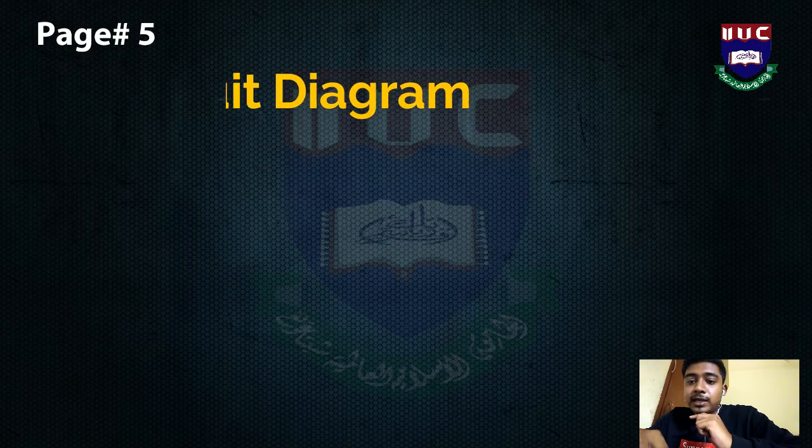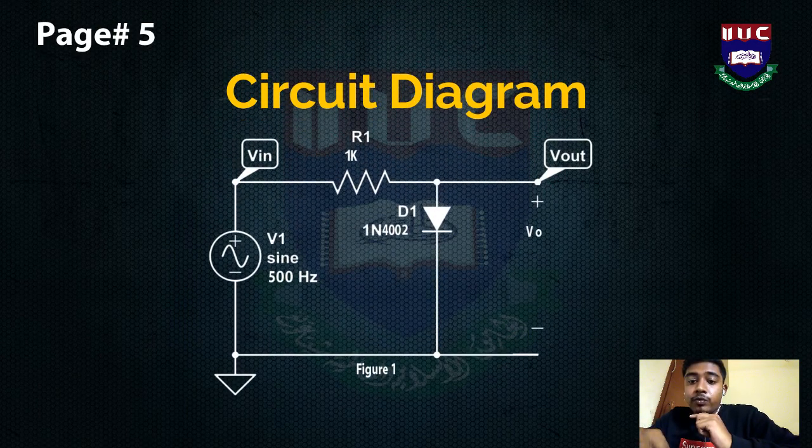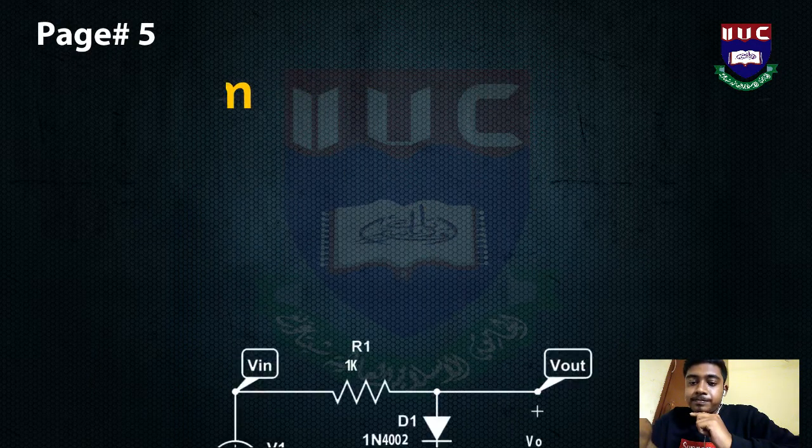So here is the circuit diagram. In this circuit diagram we use diode that is 1N4002, and we use sine wave and frequency of 500 Hz. So this is the figure of clipping circuit, a normal clipping circuit.